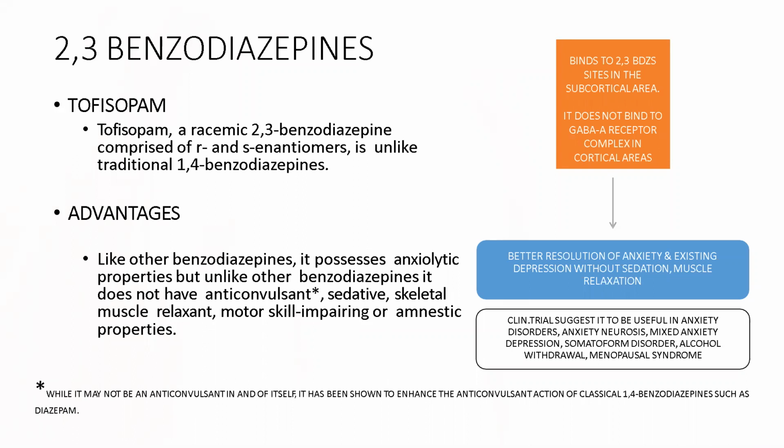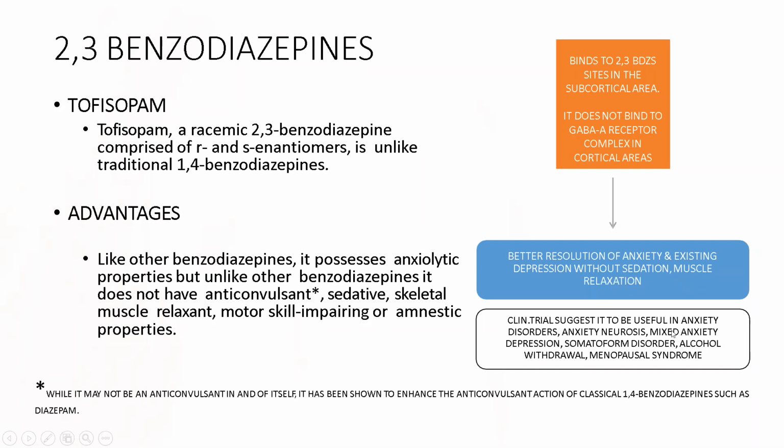It mainly binds to the 2,3 benzodiazepine sites in subcortical areas. It does not bind to the GABA receptor complex in cortical areas. Because of this, there is better resolution of anxiety and existing depression without sedation or muscle relaxation. These were common issues in 1,4 benzodiazepines, but here they cannot be seen.